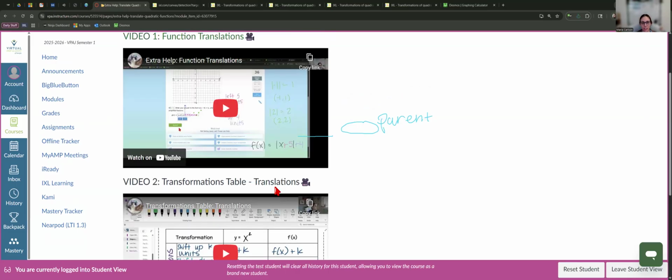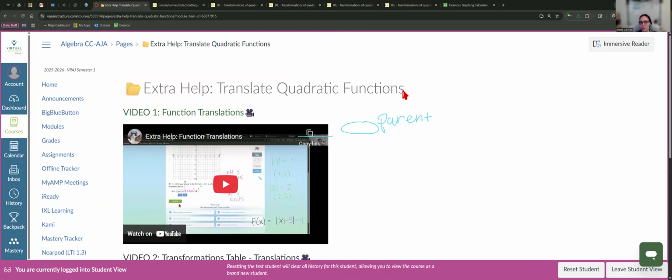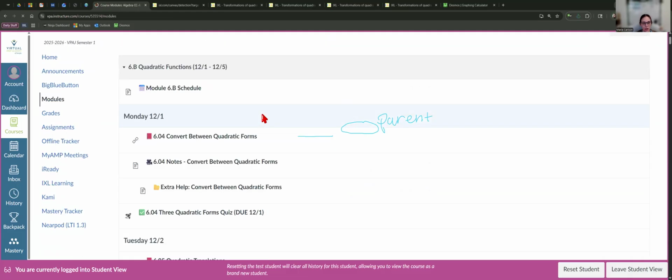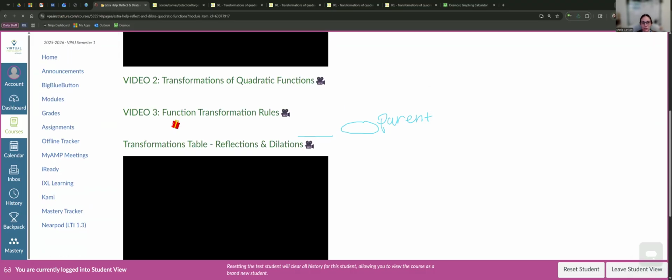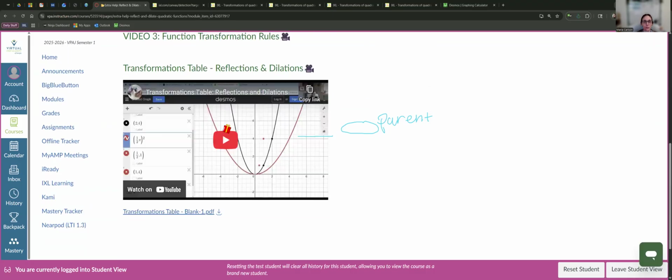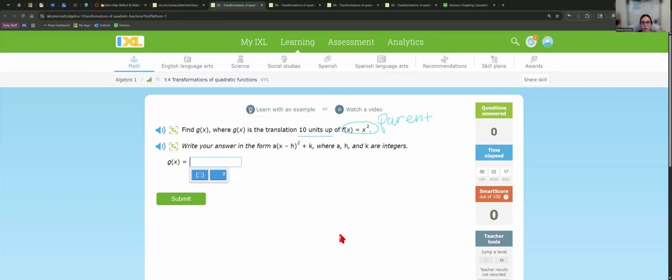This one is the translation section in the translate quadratic functions. If you go back to the module, there's a lesson on reflecting and dilating as well. So in the extra help folder for reflecting and dilating functions, I also have that transformations table in here as well. So these rules are very helpful as you work through these problems.